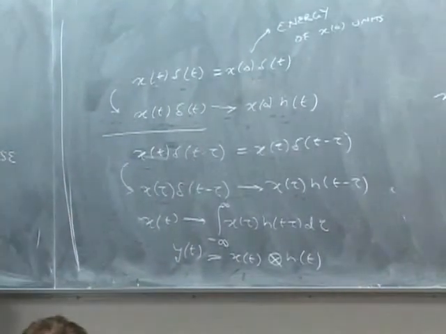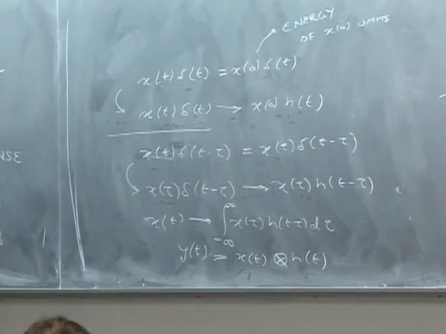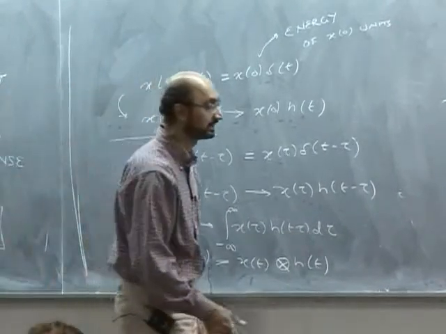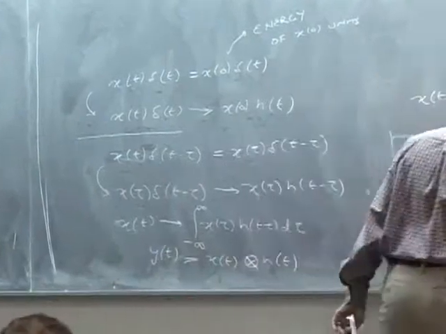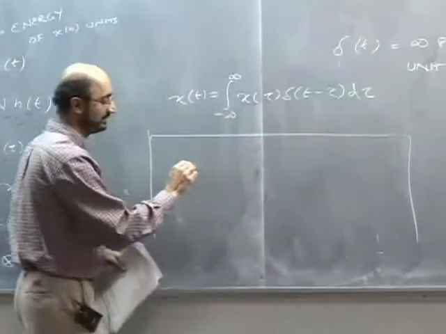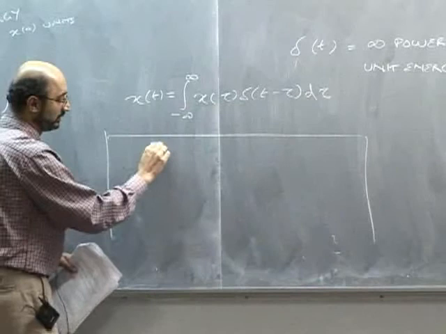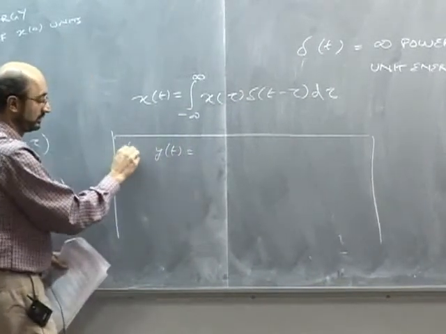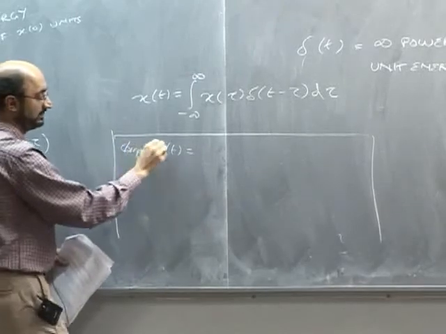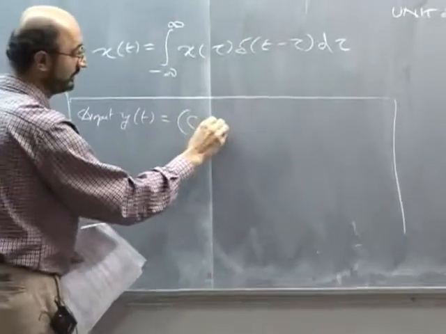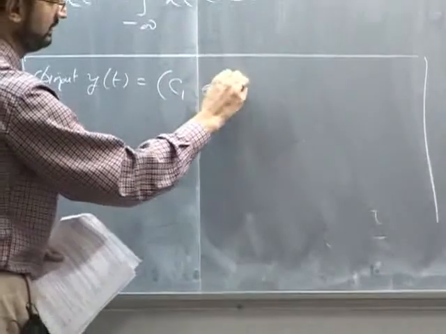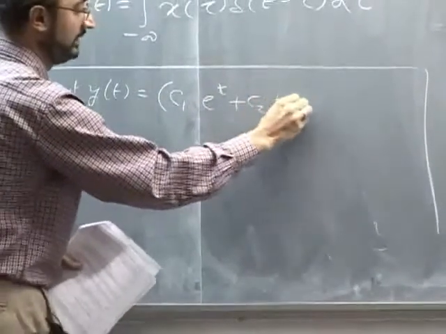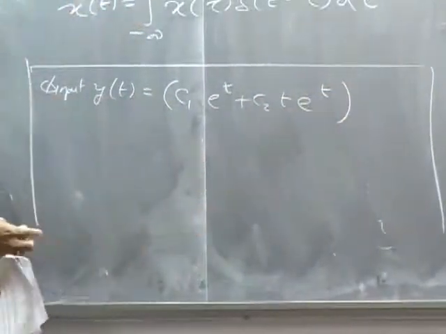So in the homework question, therefore the answer looks something like this, just to give you some examples. There we said that the response for the zero input, yt, was C1 e to the t plus C2 t e to the t, because it's a repeated root.